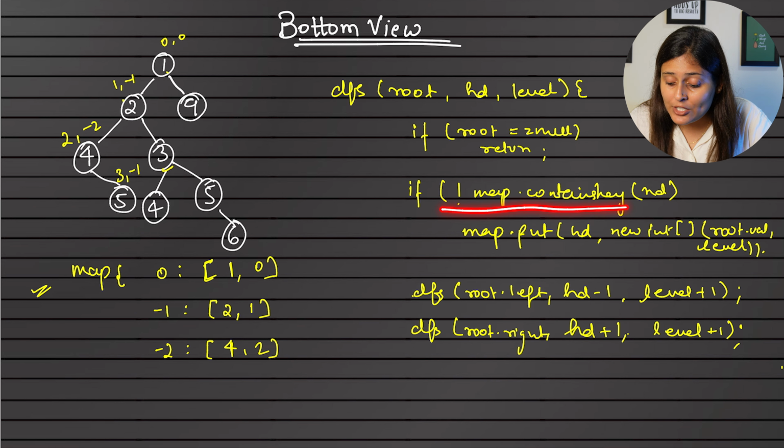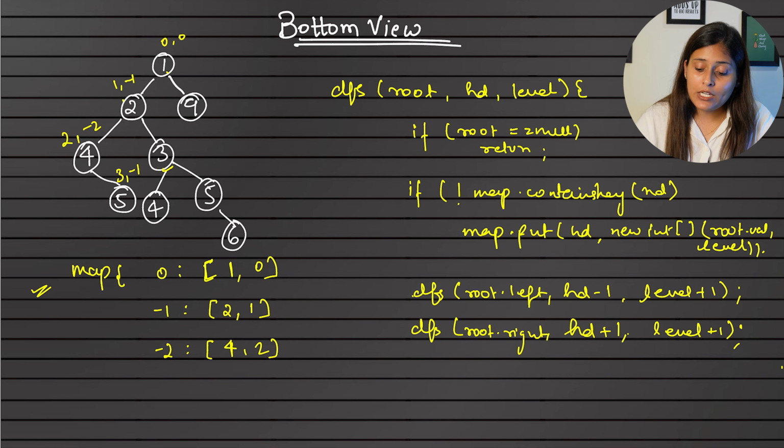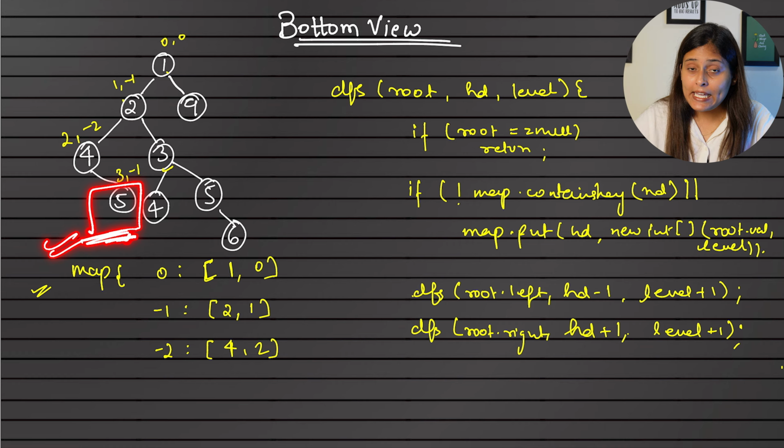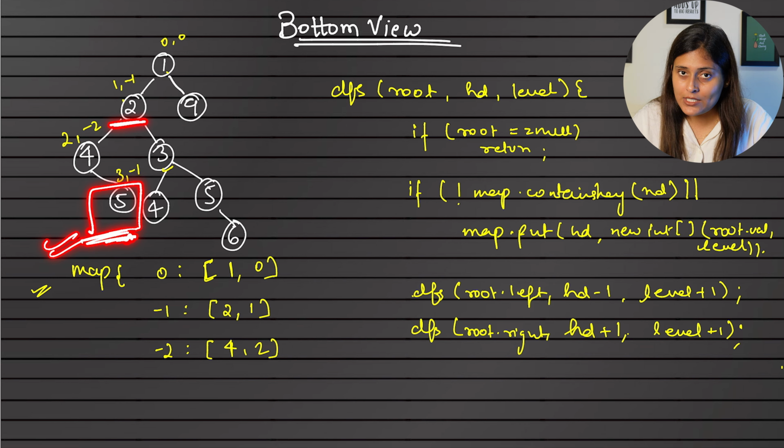So instead of simply checking if it is not present, put, even if it is present, don't override. You first need to check whatever you have encountered now, whether the level of the current node is greater than the previous one, or equal to also. Why? Because when you check 4 later, 4 will say yes, it is not greater than, but still you have to override 4, right?